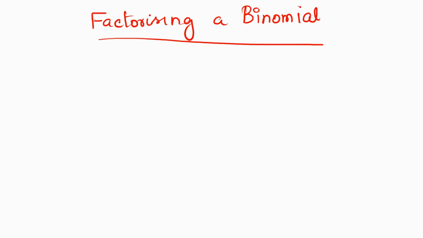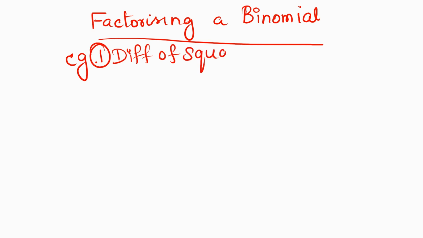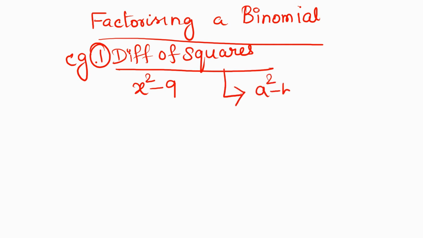So we will see the factorization for binomial. Here the first method is difference of squares. If you have a problem like this, x square minus 9, check the value of the constant. It is 9. 9 can be written as 3 square. So these are the formulas.